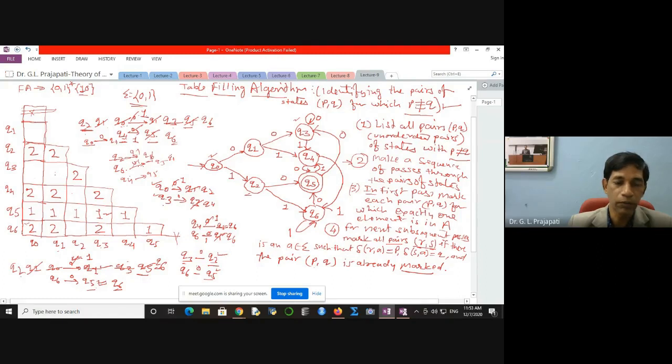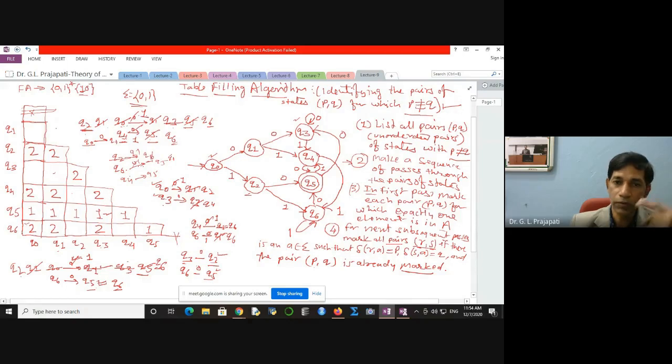Similarly, you can see that Q1, Q3 cannot be marked. From Q1 getting 1, Q4, and from Q3 getting 1, you go to Q4. From Q1 getting 0, you go to Q3, and from Q3 getting 0, you are in the same state. So Q1 and Q3 also cannot be marked, and we have this pair remaining, Q0, Q1.